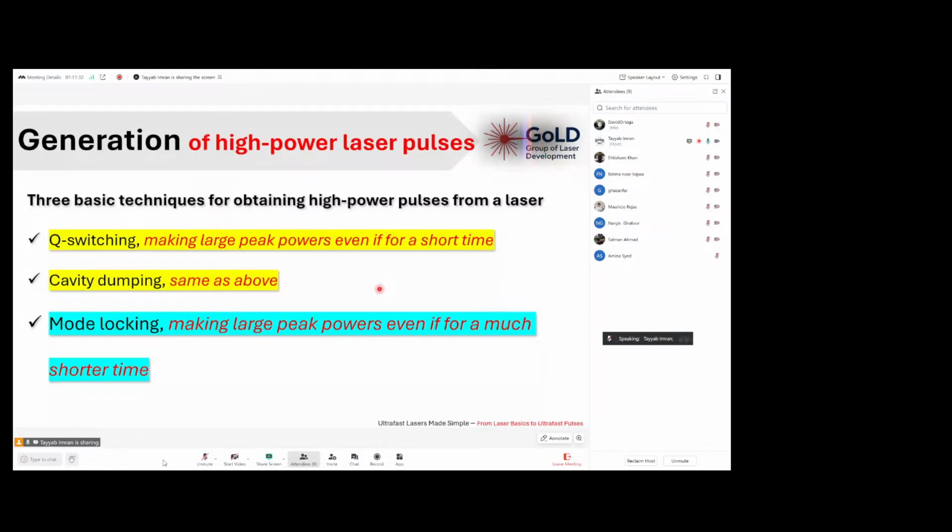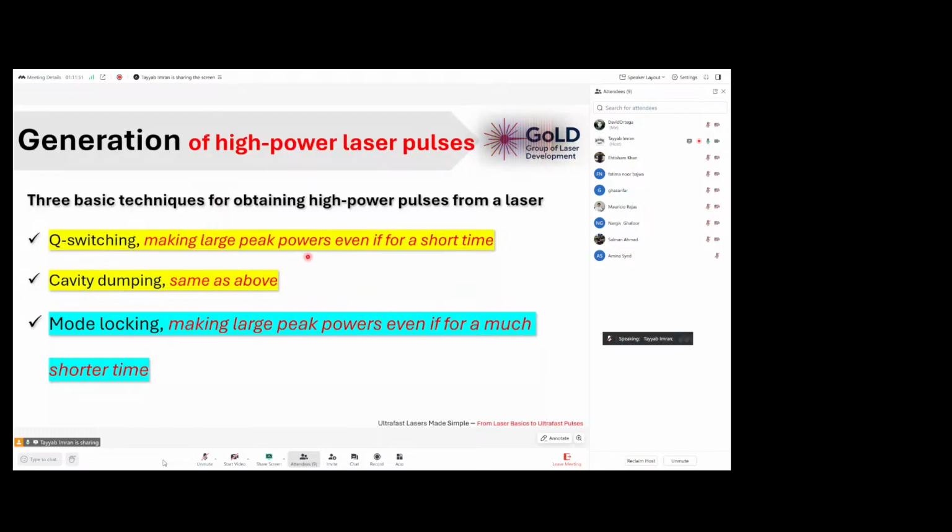Nanosecond and millisecond are obviously possible. Picosecond is not very common, but nanosecond is very commonly used with this Q switch technique.